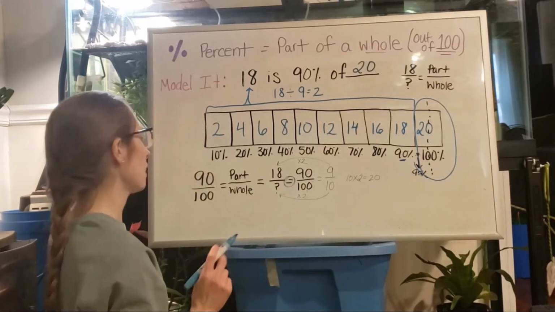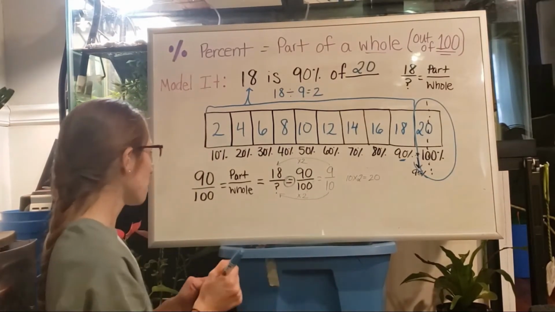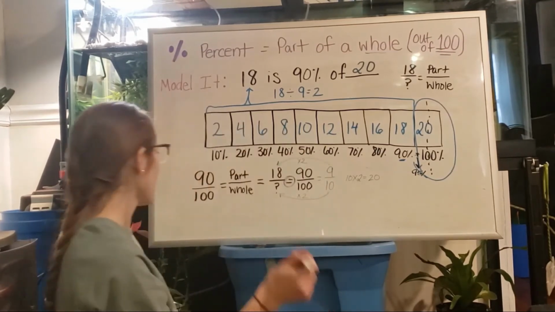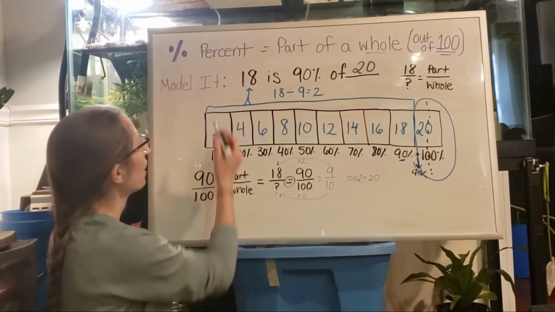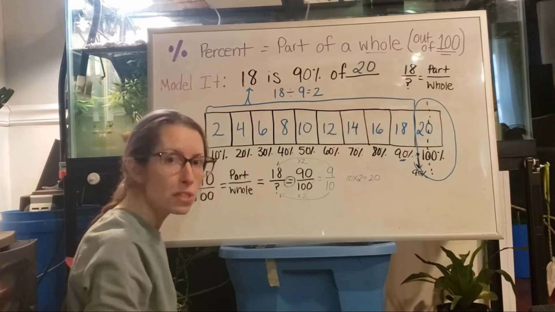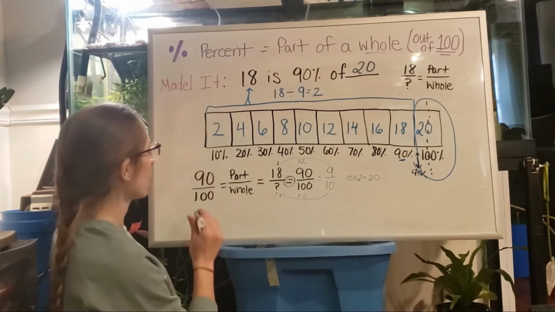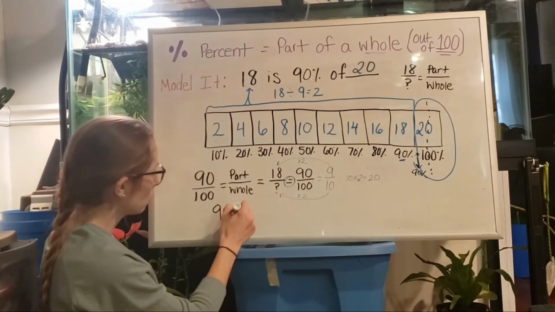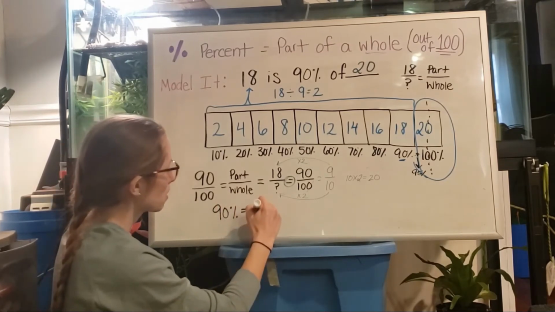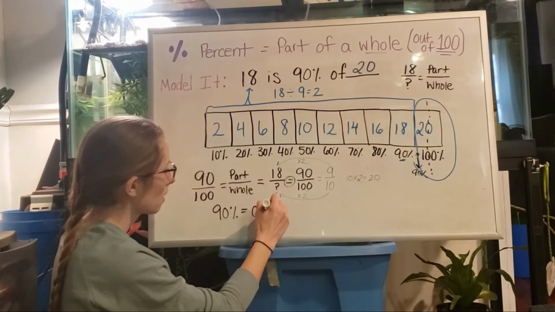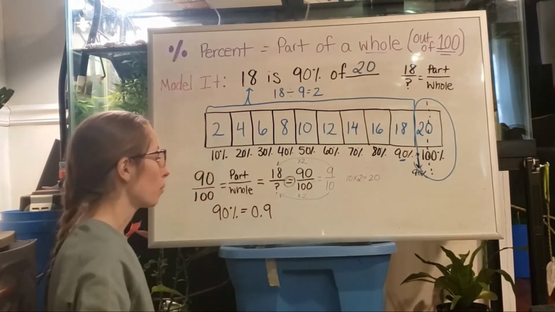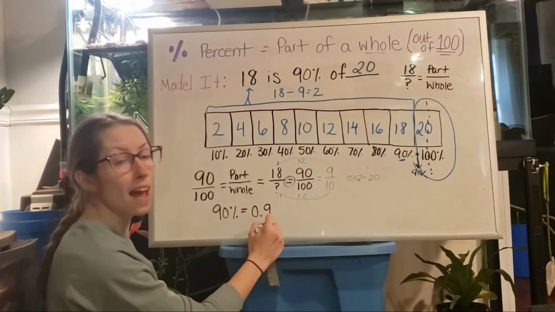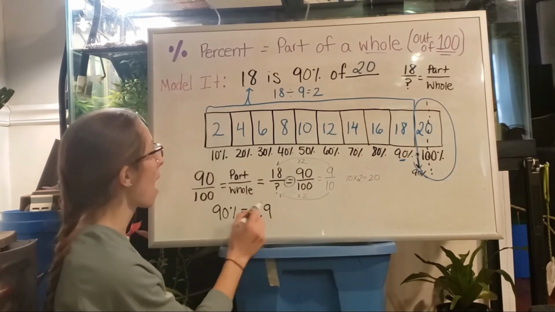Here's a third way you could solve this problem, and that's by remembering that 90 over 100, or 90%, can also be represented as a decimal. So 90% is equal to 0.9, or we would read this as 9/10. Remember, because it's after the decimal point.